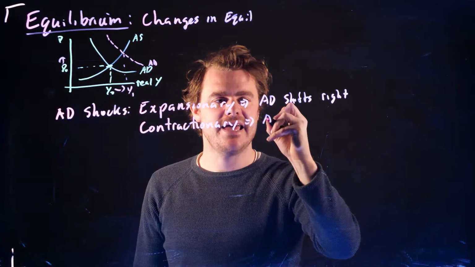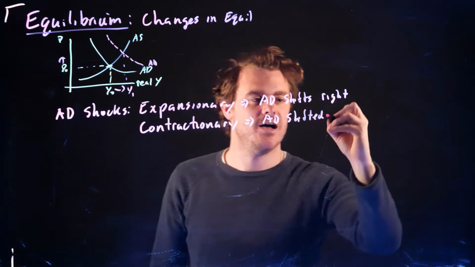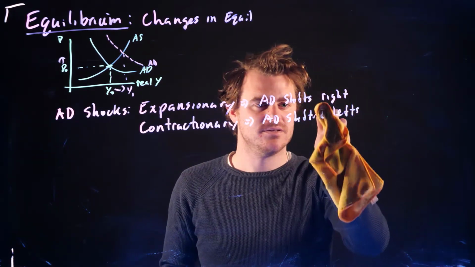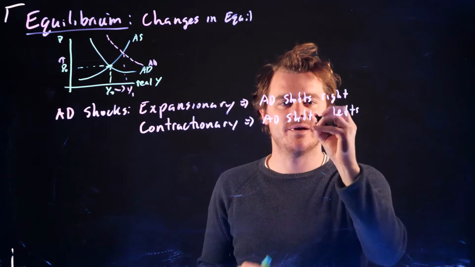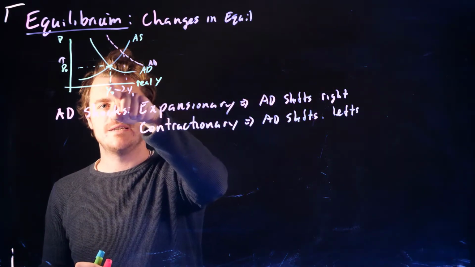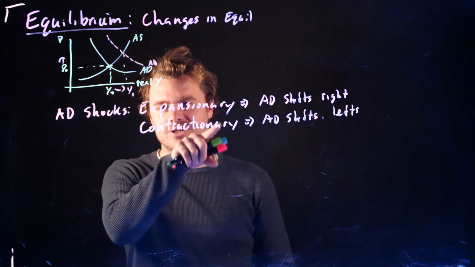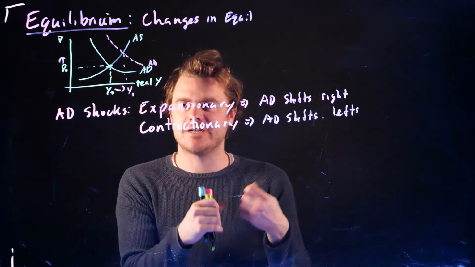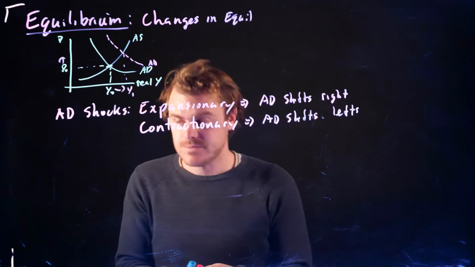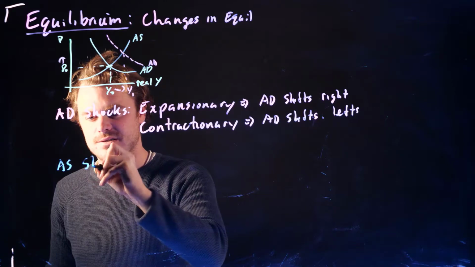This is if the AD curve shifts left. If the AD curve shifts to the left, we see that Y is going to go down, and that's why it's called contractionary. So expansionary and contractionary have to do with the effect on real Y. In the same vein, we have our AS shocks.